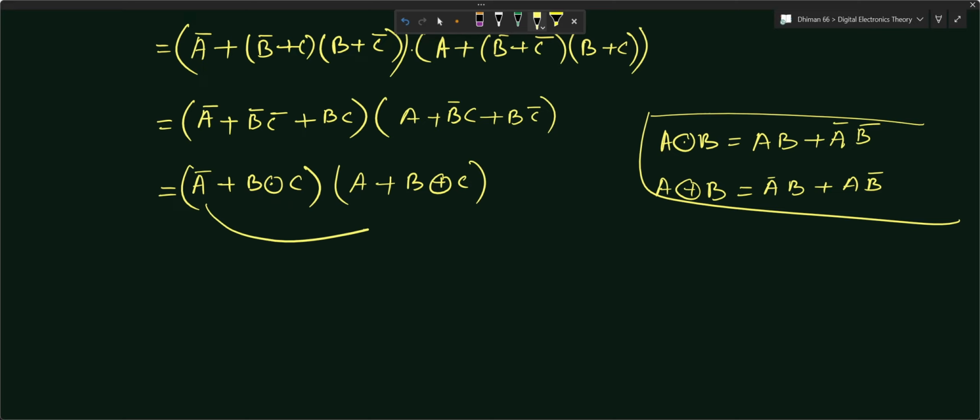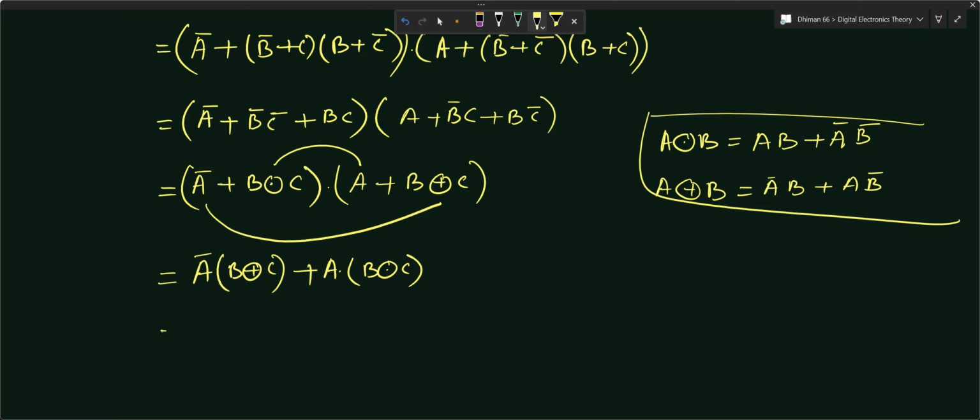So we can multiply these two terms and we can multiply these two terms. Using the transposition theorem we can write a bar multiplied with b XOR c plus, this multiplication will become plus, and here we have a multiplication, so it will be replaced with an OR operation. Next we have a multiplied with b XNOR c. I hope you are clear up to here.